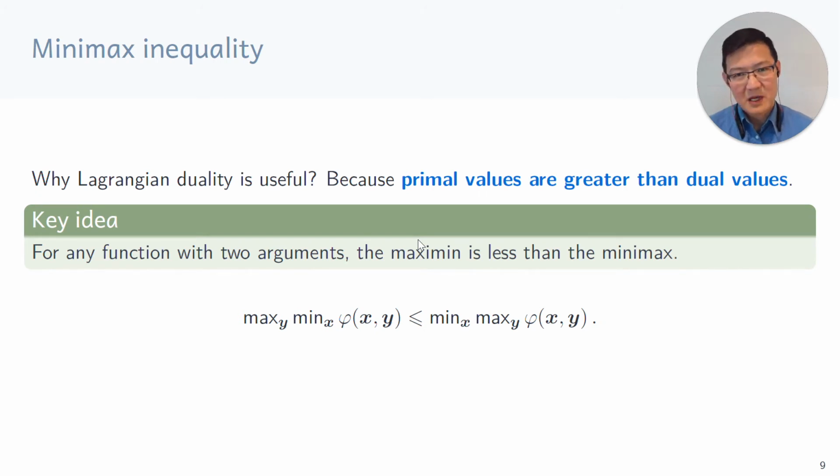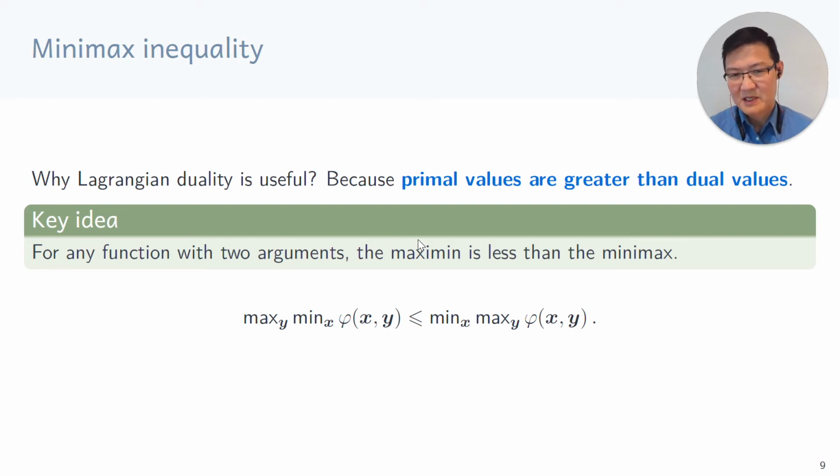Why is this duality useful? It's because the primal value, the value of the objective function f, is always greater than the dual value, the value of the optimization problem in D. Okay, and to show this we can use a basic fact called the Minimax inequality. The key idea is that for any function with two arguments, the maximin is less than the minimax.